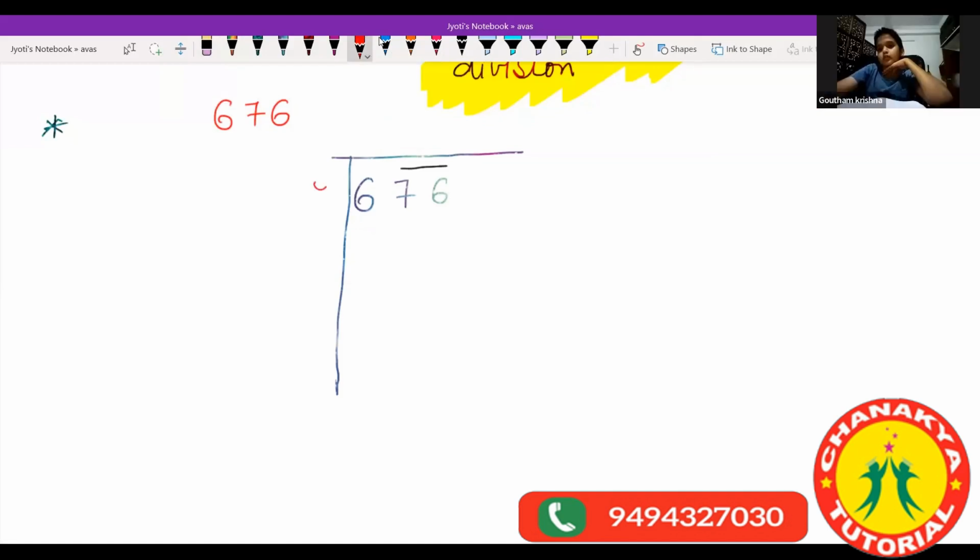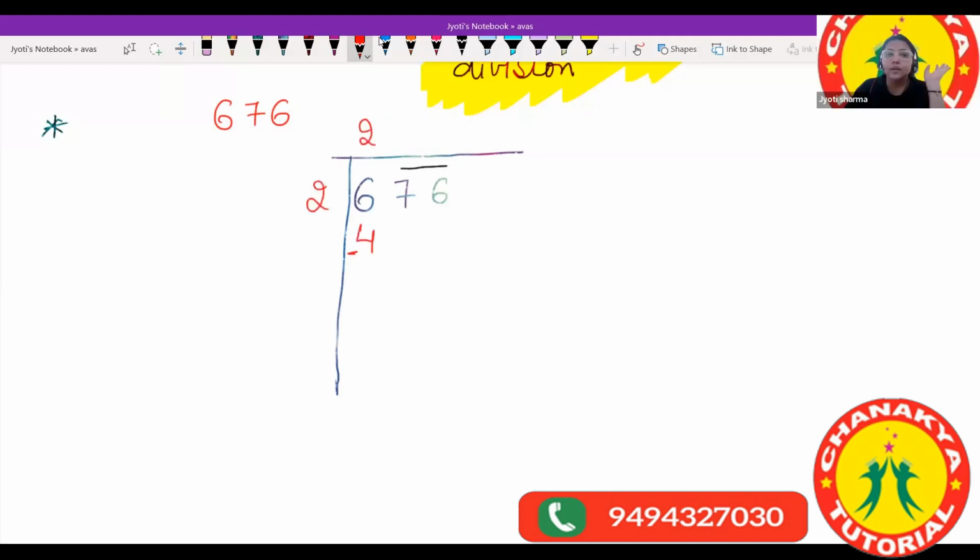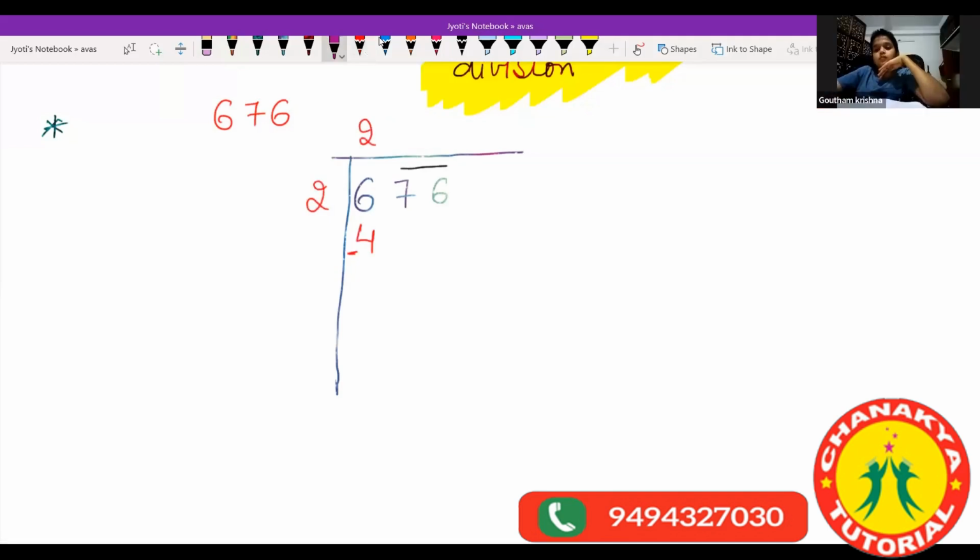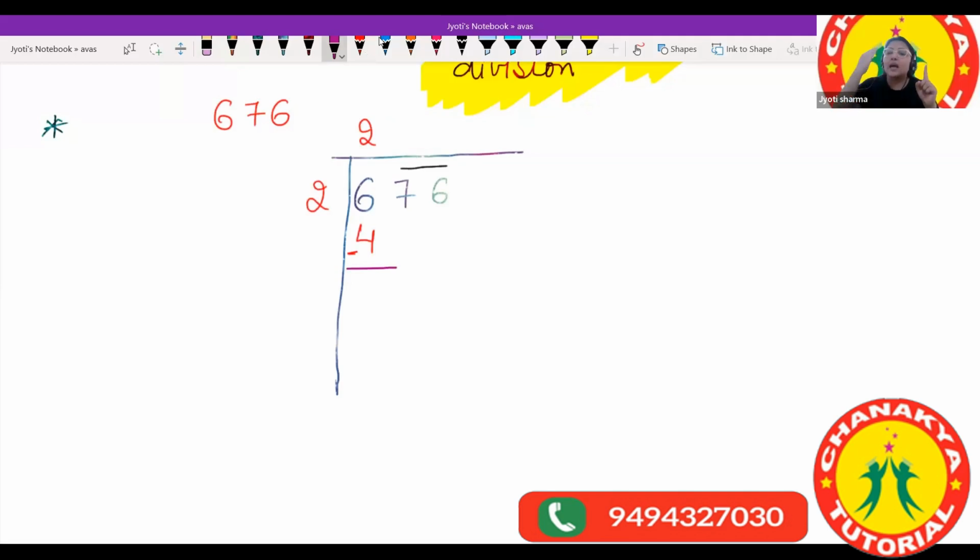Let's say 2 twos are 4. Fine. Now 6 minus 4 is 2. Here 2 is your divisor and the other 2 is your quotient, or the part of the answer.